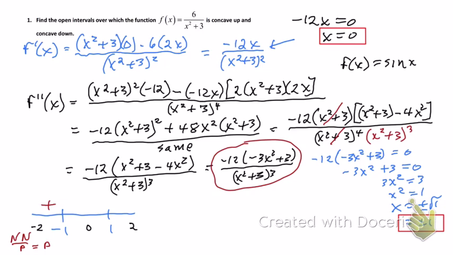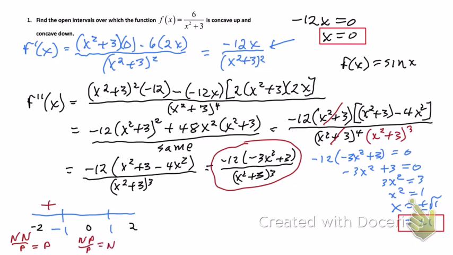Because, no, it's going to be positive on the top, because negative times negative is positive, and positive. Yes. So we know that it's concave up.